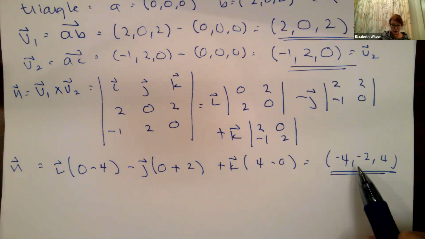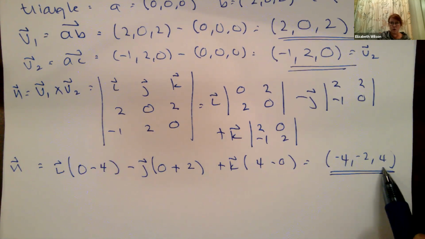You should get -4, -2, +4 as your normal vector.